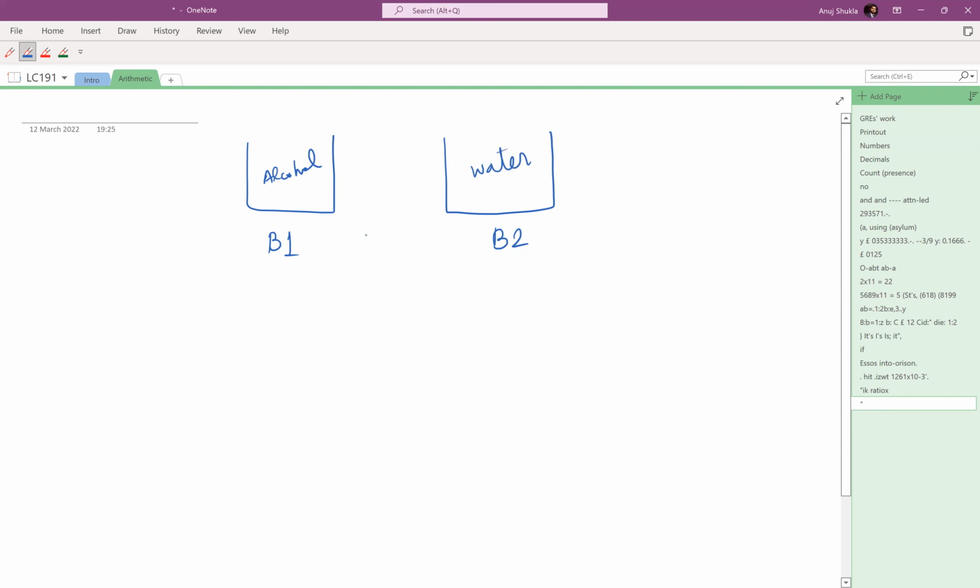There are two bottles, bottle 1 and bottle 2. This bottle volume is 1 liter, B1, and B2 volume is, suppose, 5 liter. In bottle 1, there is alcohol. In bottle 2, there is water. If you mix it in another bottle, can you tell me the ratio of alcohol and water?